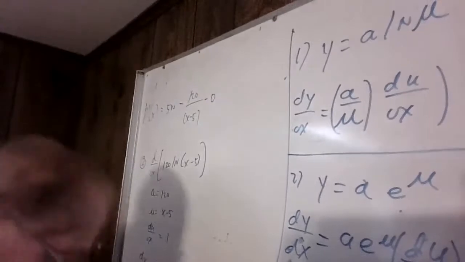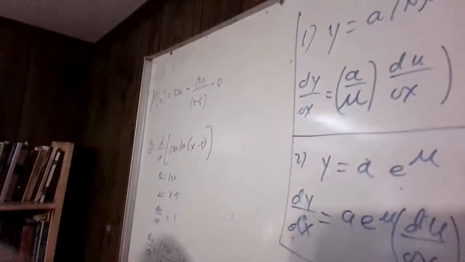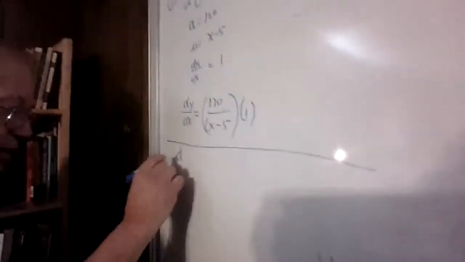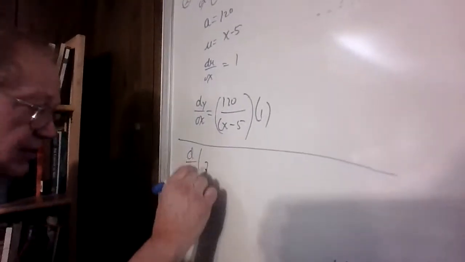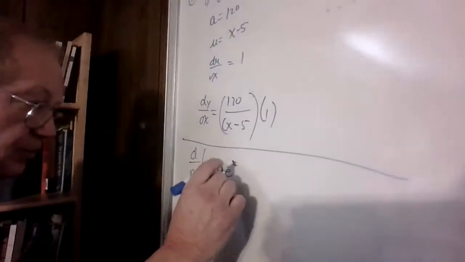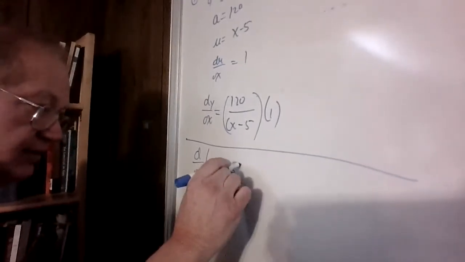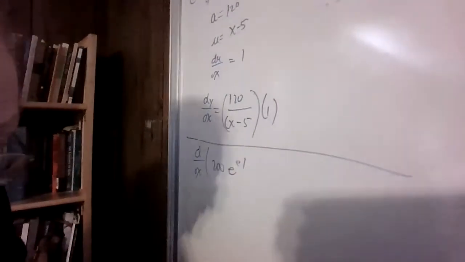And now let's look at the fourth term. I'm going to erase this now because I don't need it. The fourth term is the derivative of 200 e to the 0.1t, or x, right?